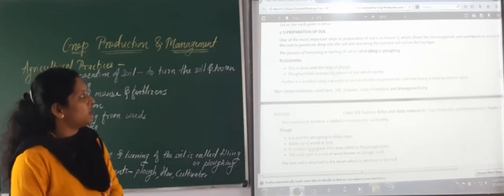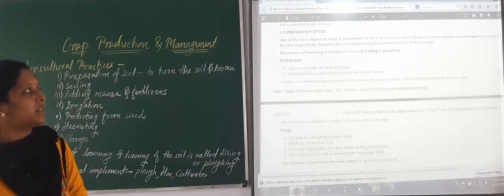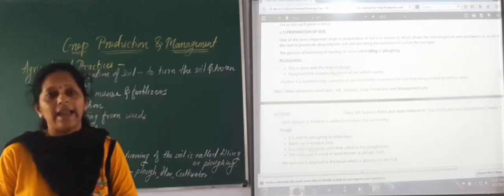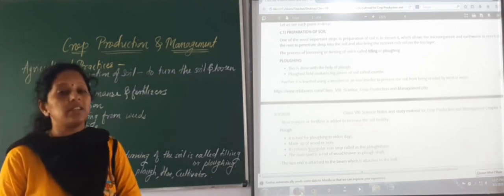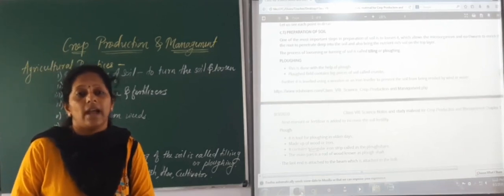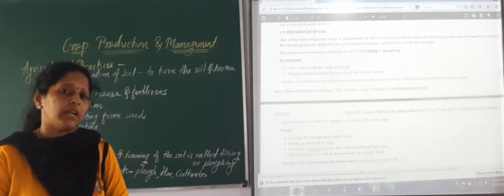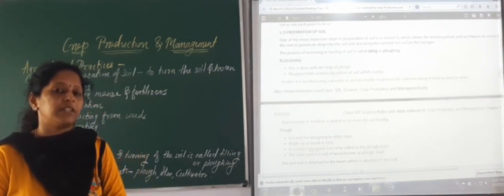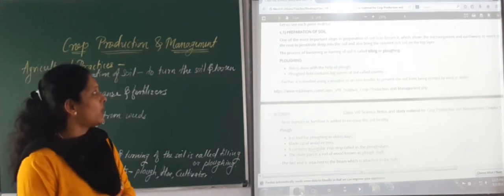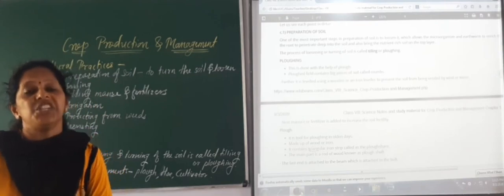One of the most important steps in the preparation of the soil is turning and loosening the soil, which allows microorganisms and earthworms to work. As you know, earthworms are called the farmer's friend. In the soil, earthworms and microorganisms are present, and they enrich the soil.